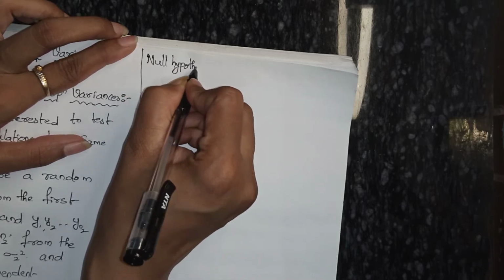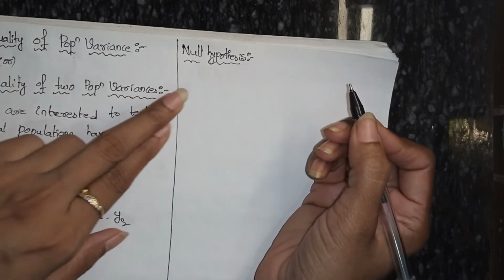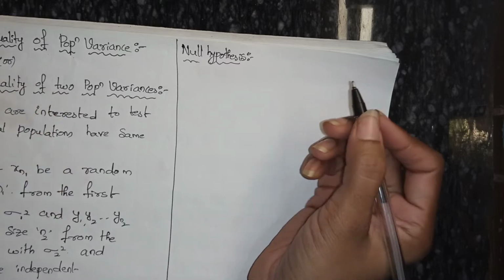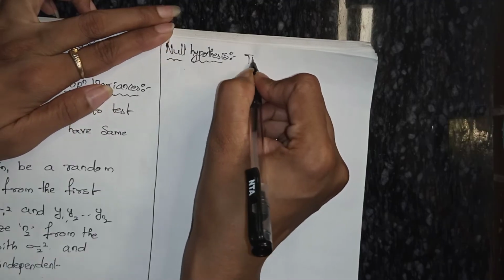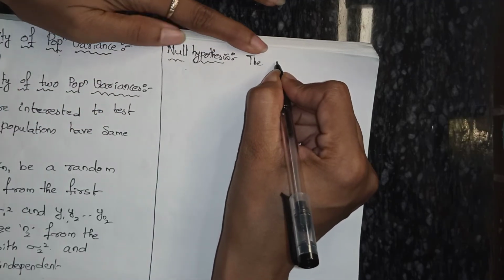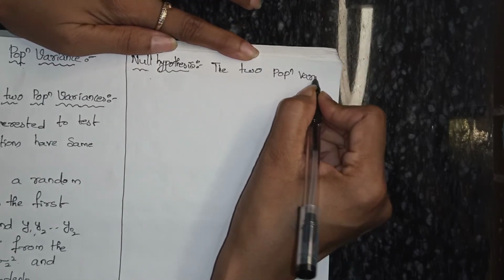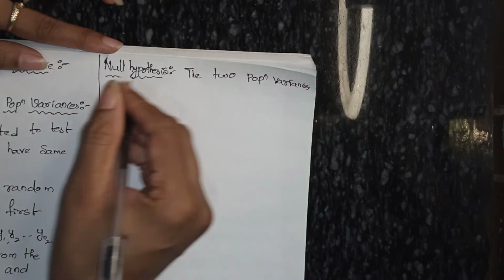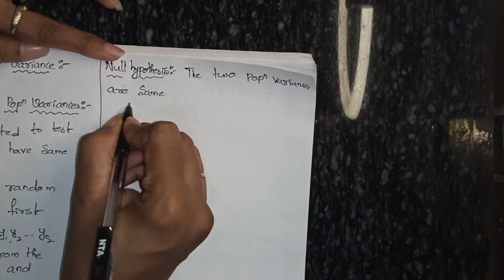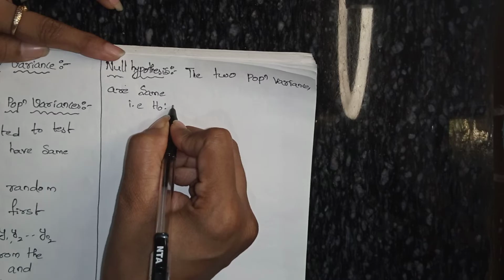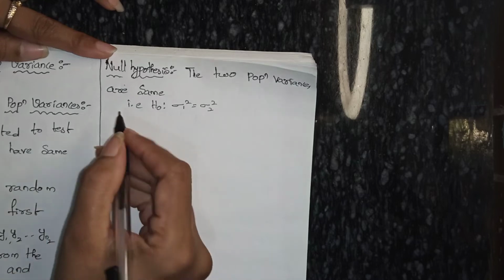Our aim is to test the equality of population variances, so we consider that the two population variances are same, or equal. That is H naught such that sigma 1 square equals sigma 2 square.